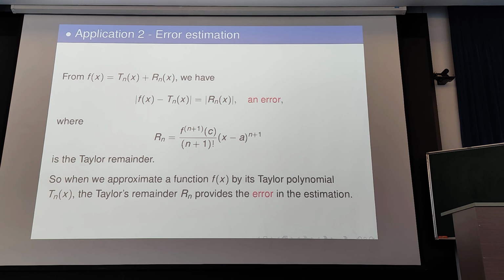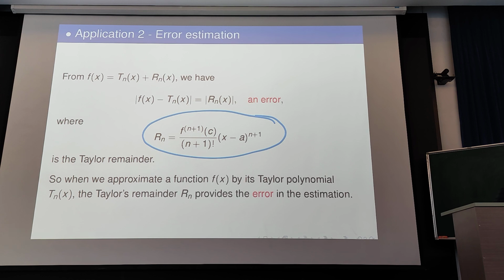So the second application is error estimation. Of course, the remainder term gives you the error of the approximation, right? And in some sense, you always want to see how big this error is. And then the object to estimate again is the Taylor remainder.